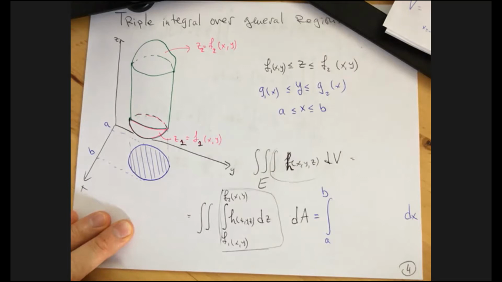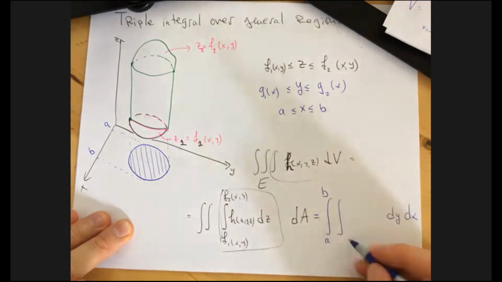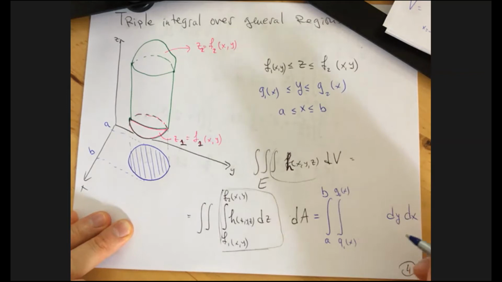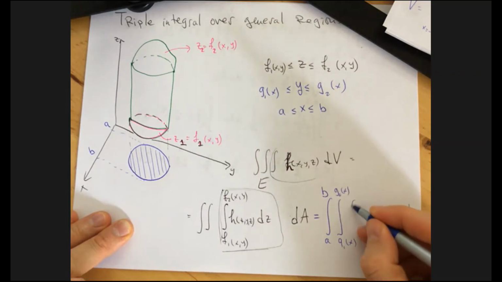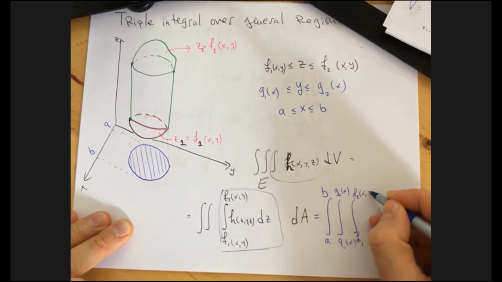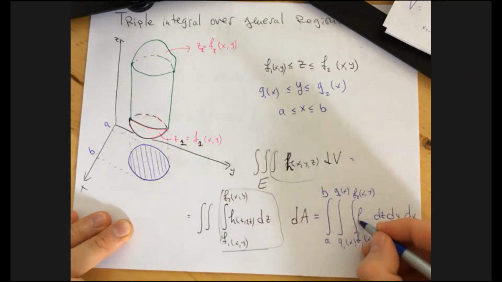Okay. The second one is dy. y is bounded between g1 of x and g2 of x, and dz is bounded between f1 and f2, both of them in terms of x and y, and you're integrating the function h.